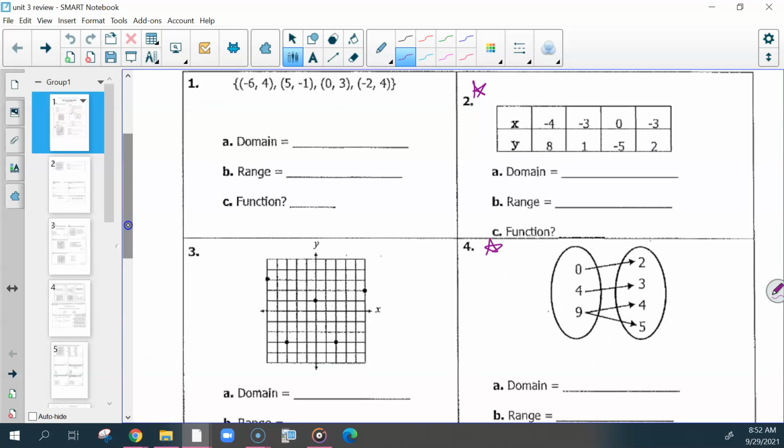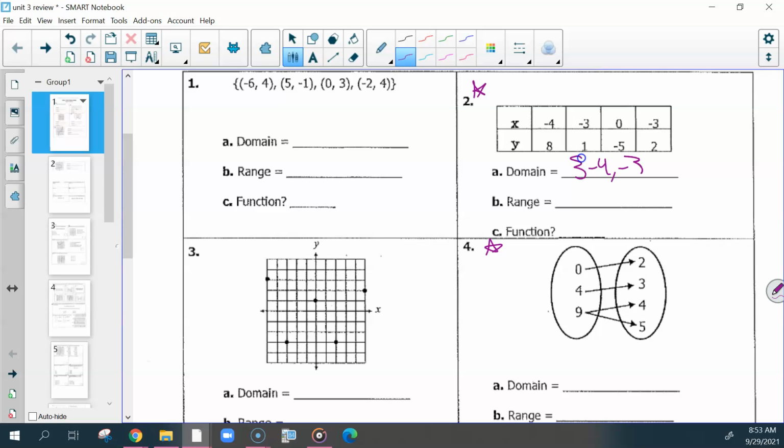So for number 2, we need to list out the domain and range. Remember, when we list out those, they're least to greatest. Okay, we're going to do it together. So list them out in curly brackets. Lowest value would be -4.